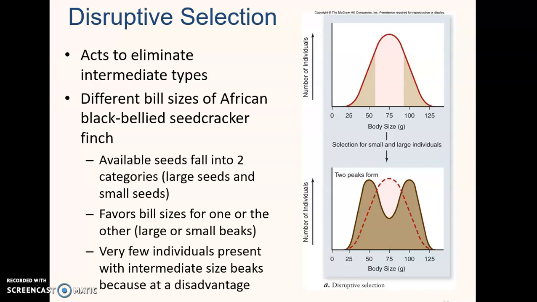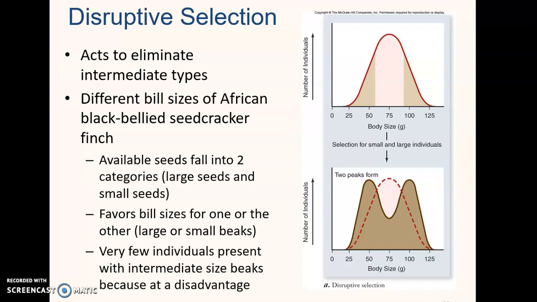The seeds that are available as food for this species of bird fall into two categories, either large seeds or small seeds. And we see selection for bill size favoring either large bills to deal with the large seeds or small bills to deal with the small seeds.